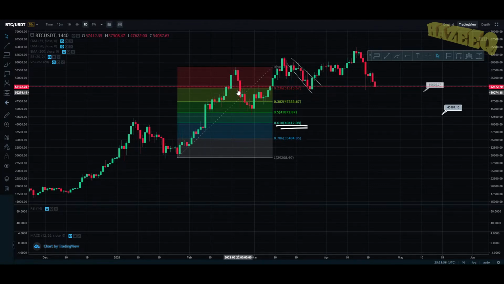And this is when the initial crash happened in February, where it wasn't really a crash, it's just a healthy correction, basically. But people like to sell at a loss when the market's down, when you really should be buying or just holding if you have coins at that time. Not all people understand this, and you need to understand that when the market is going down, you either buy or you just hold.